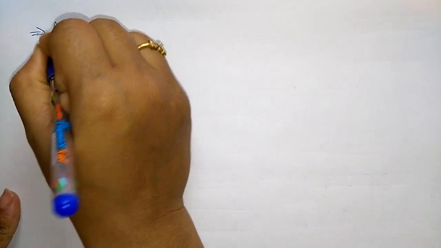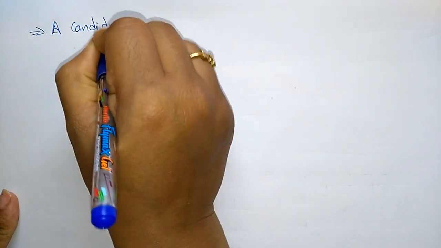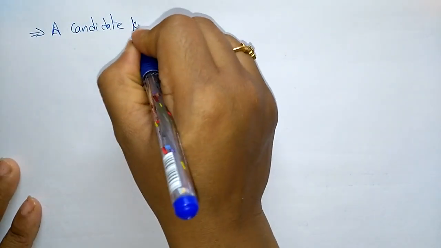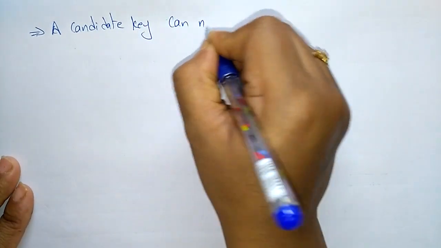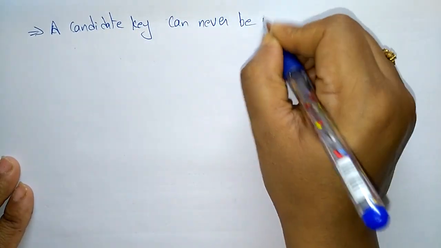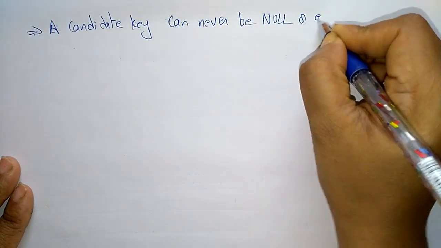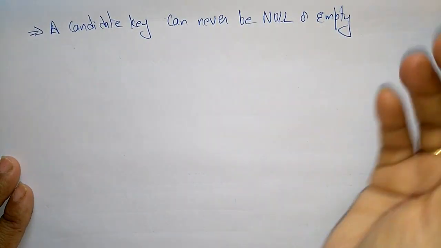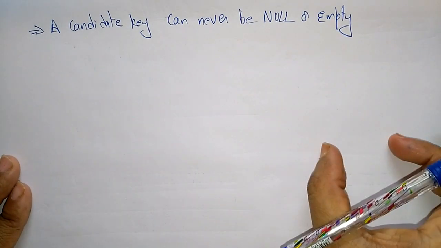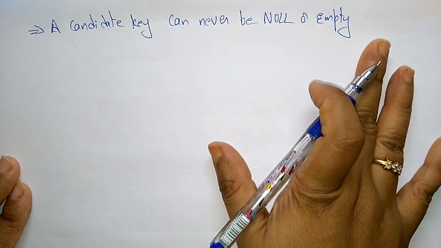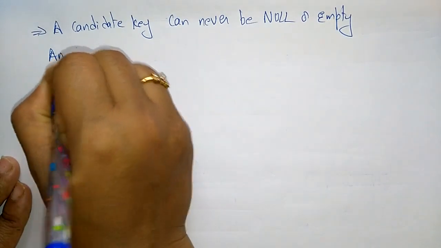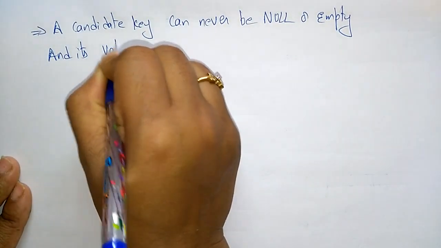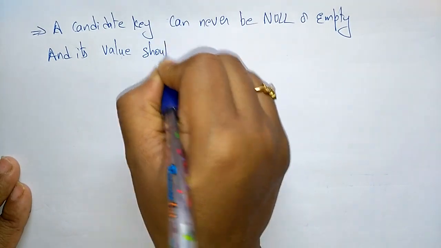Let me explain some points. A candidate key can never be null or empty. Whatever attribute you are selecting in a table should not be null or empty, and its value should be unique.